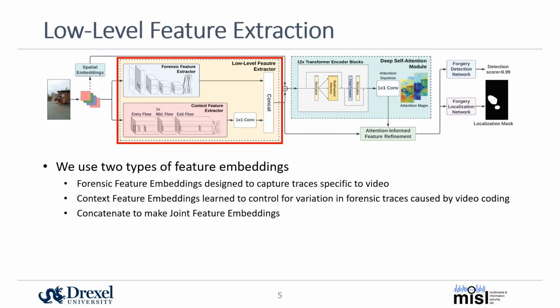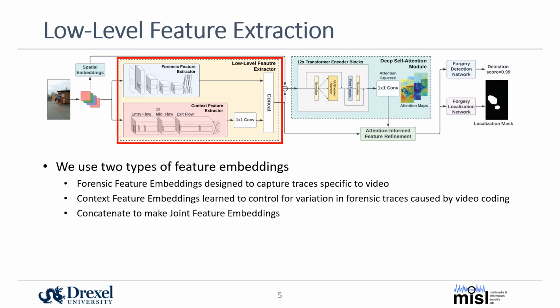Here are the details of each of the network components. The low-level feature extraction component has two types of feature embeddings. The forensic feature embeddings designed to capture traces specific to video. The context feature embeddings learn to control for variation in forensic traces caused by video coding.